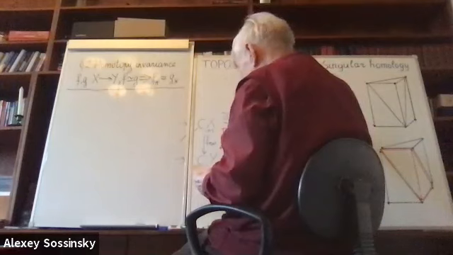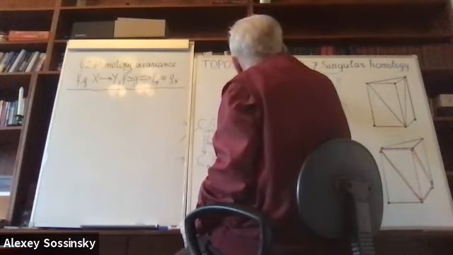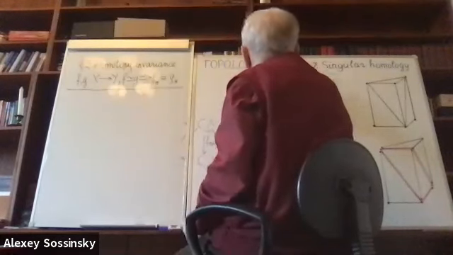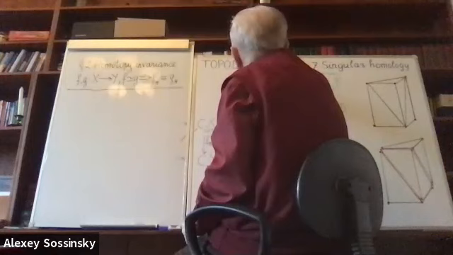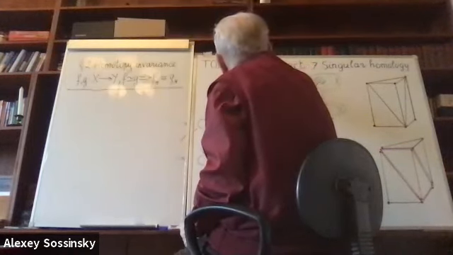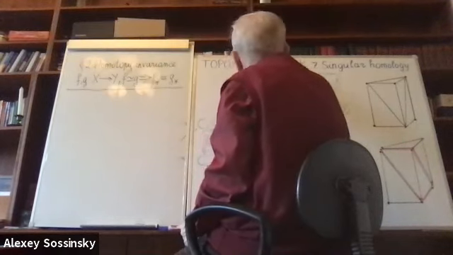And then we consider two simplices. These vertices will be denoted (0,1) and (1,1).